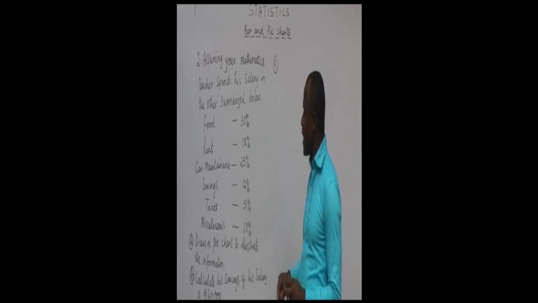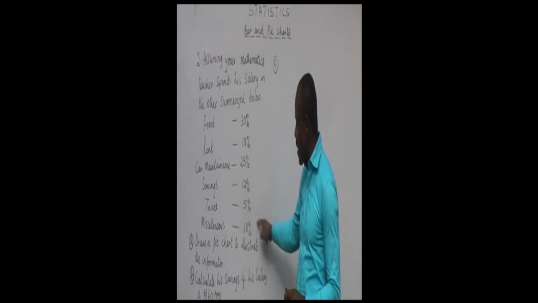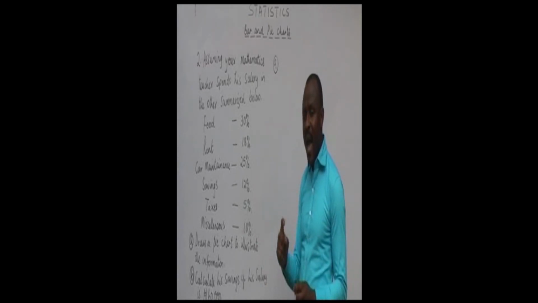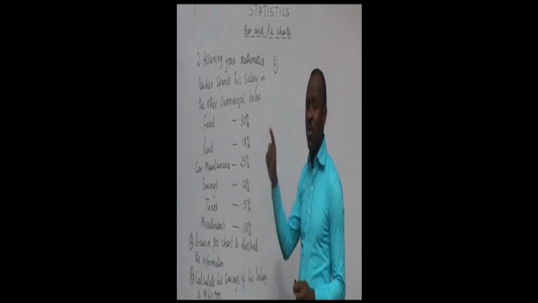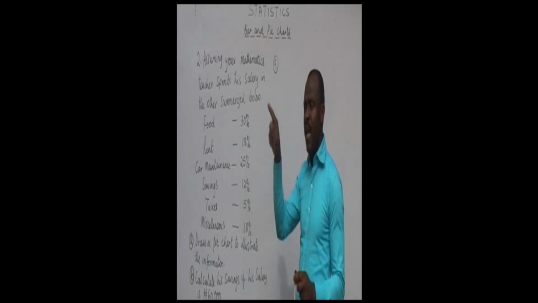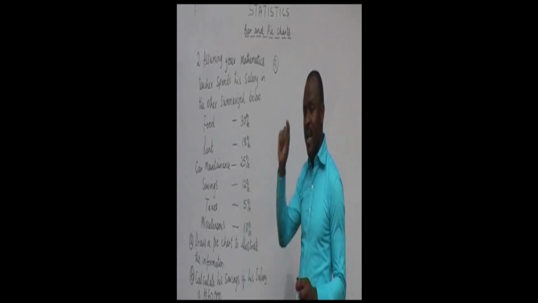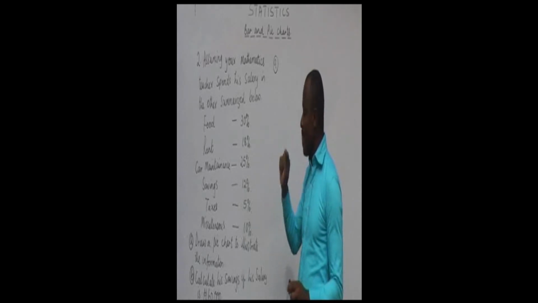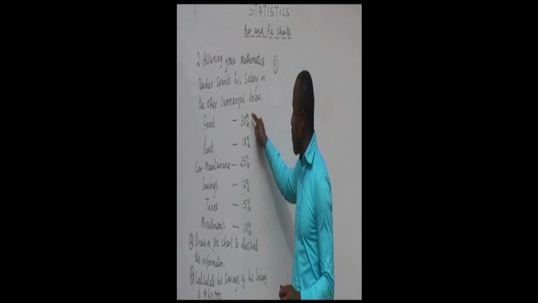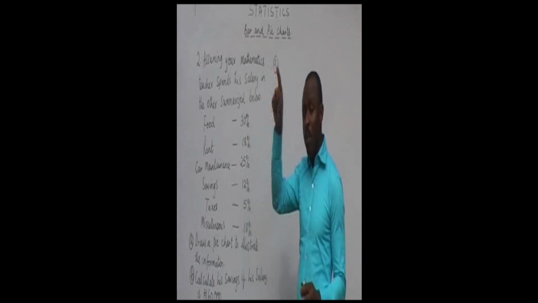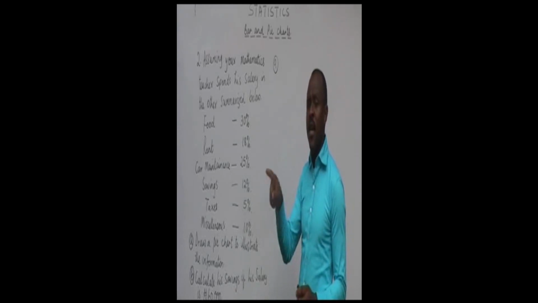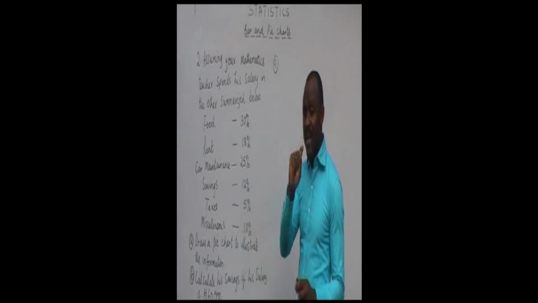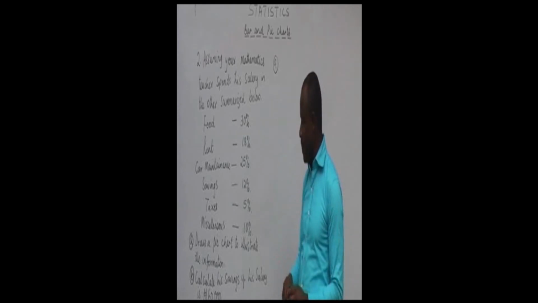So we're going to convert all these percentages into their equivalent angles, having in mind that 100% will be equal to 360 degrees, because the angle of a whole circle is 360. Then if the information are given in percentages, the whole percent is 100. That means 100% is equivalent to 360 degrees.